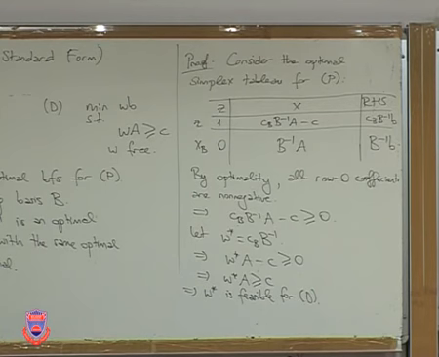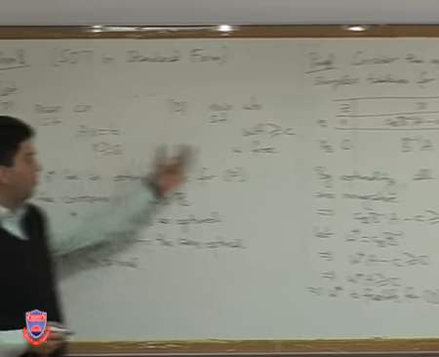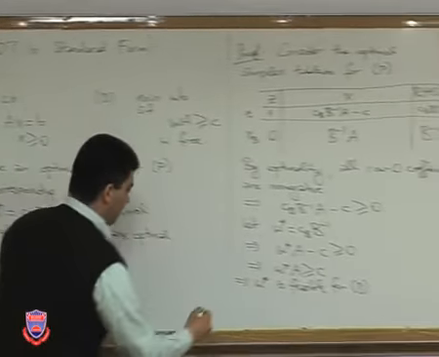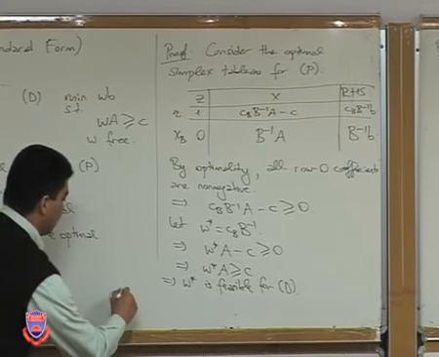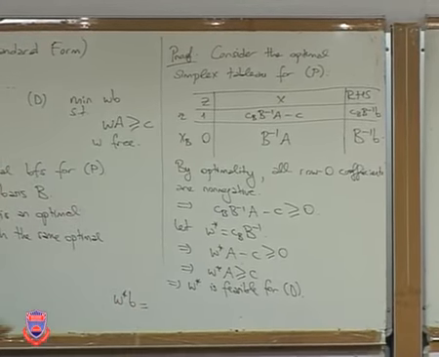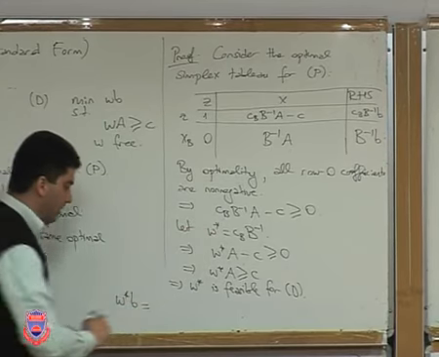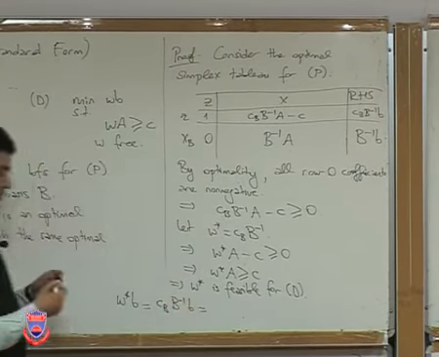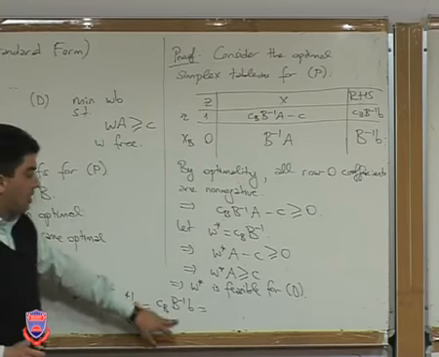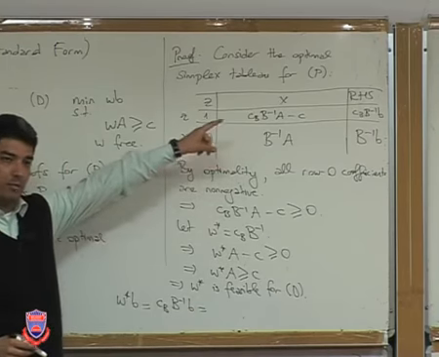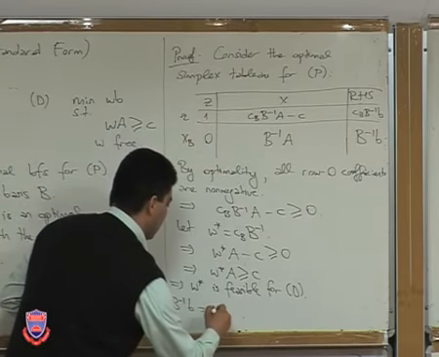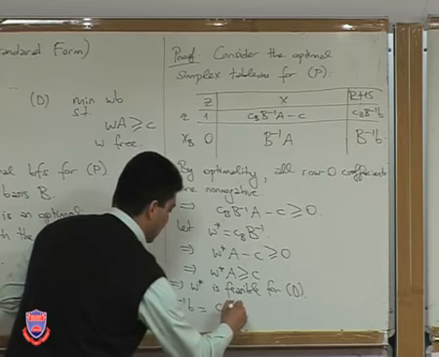How can I show optimality of W star? Well, just like I did in the previous case, I need to show that the primal and dual objective function values are the same. So as a result, I'm going to look at W star times b. But W star times b is the same as CB B inverse times little b. But CB B inverse times little b is precisely the optimal value of the primal problem, right? So this is the same as C times X star, basically.